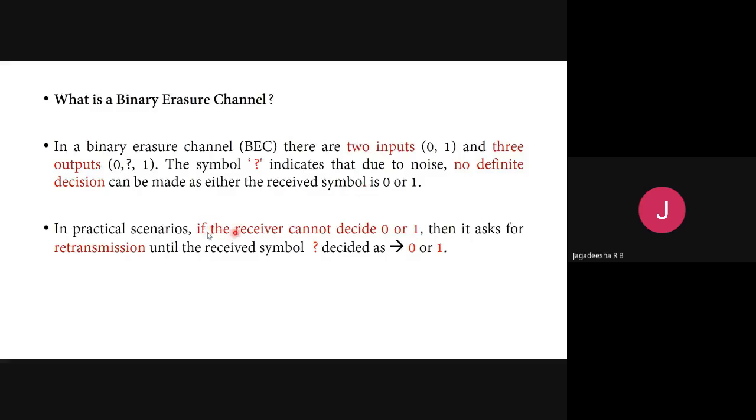In practical scenarios, if the receiver cannot decide 0 or 1, then it asks for retransmissions. How many times? Until the received symbol under question mark, or with confusion, is decided as 0 or 1. The receiver should come to a conclusion, and until then the retransmission will take place. That is in general. But in an internet scenario, if you consider the TCP protocol, that need not be the case.